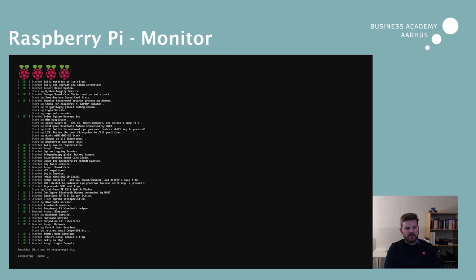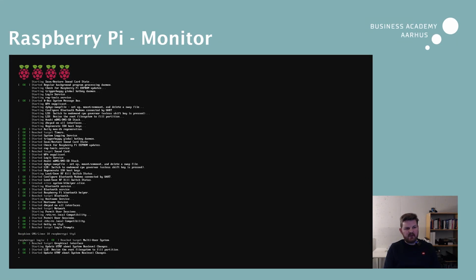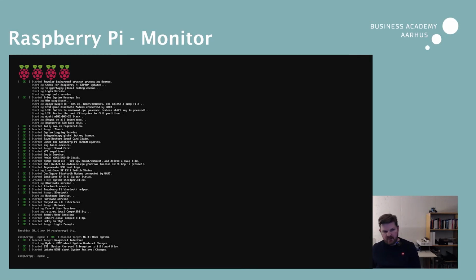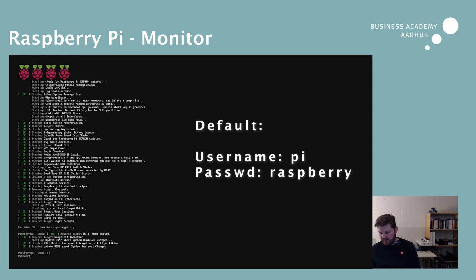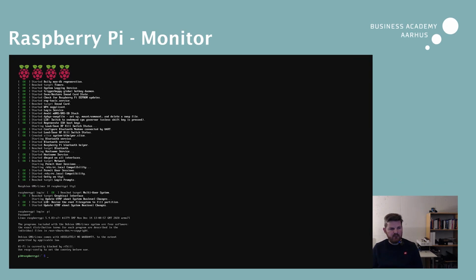So your Raspberry Pi is now connected and ready to log into. As you can see, it is still running some commands, but if I hit enter here, the default username is Pi, and the password is Raspberry.